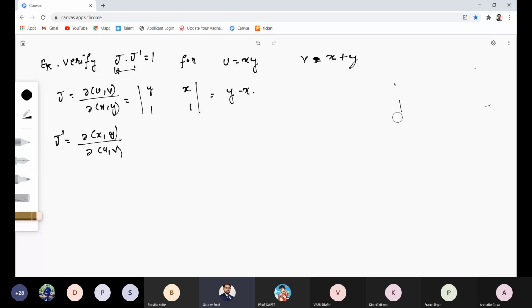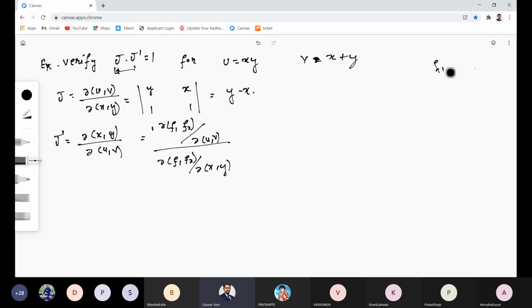What does it say? By Jacobians of implicit functions, this will be Jacobian of f1, f2 with respect to u, v upon Jacobian of f1, f2 with respect to x, y.